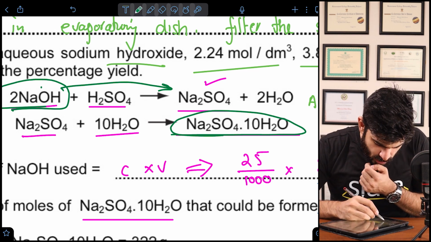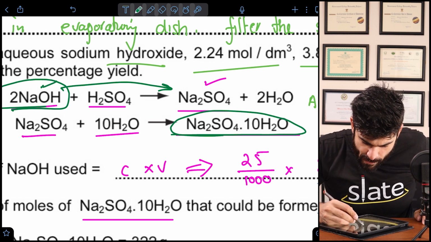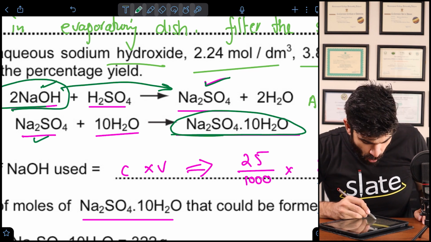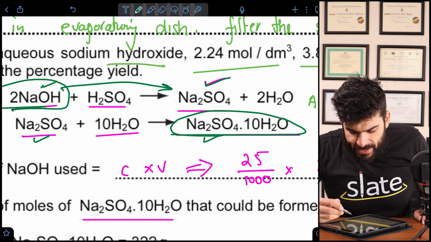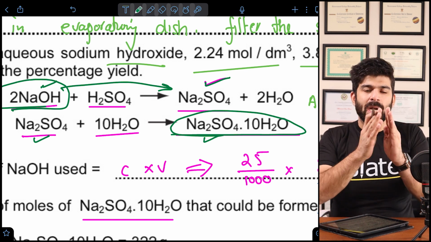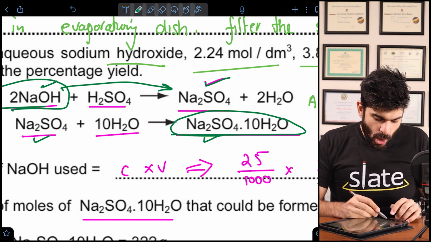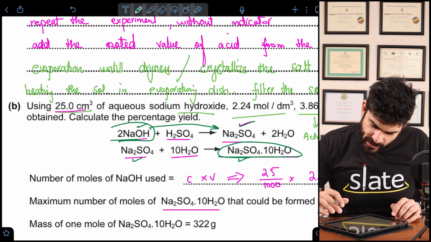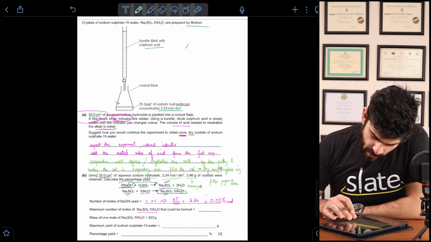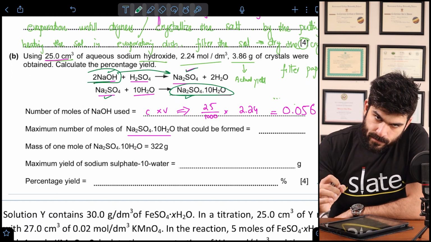We know that 2 moles of sodium hydroxide can give 1 mole of Na2SO4, and 1 mole of sodium sulfate makes 1 mole of the hydrated salt. So we build a relationship that 2 moles of sodium hydroxide are needed to make 1 mole of the salt.